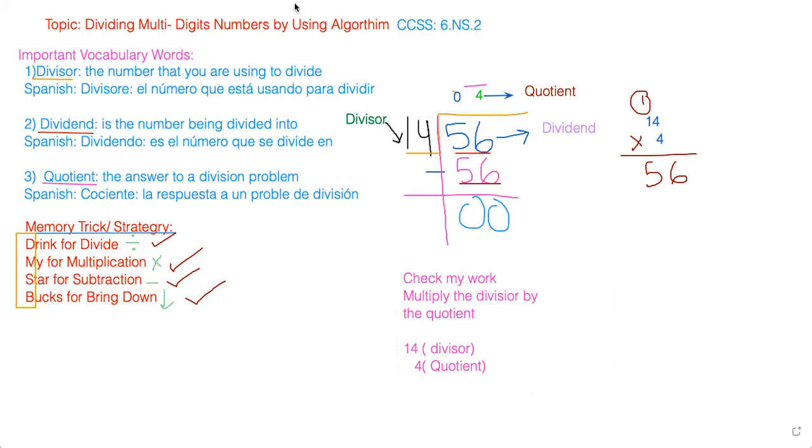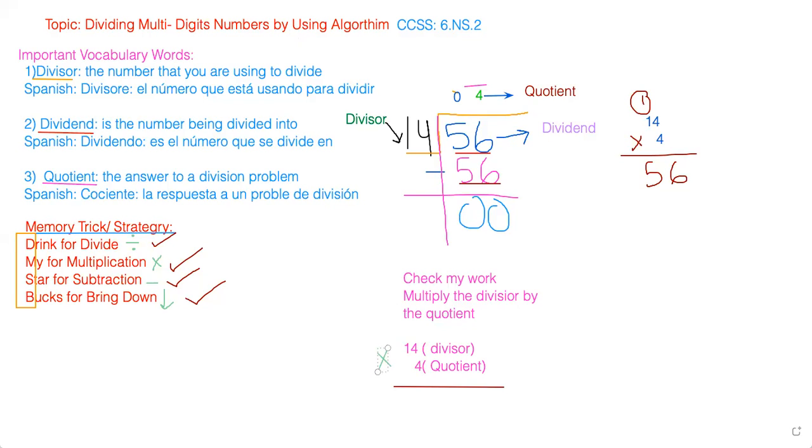So now when I multiply this, let's make a line here. When I multiply 14 times 4, folks, let's do it together. How much is 4 times 4? How many groups of 4 do I need? 4 groups of 4 is going to be equal to 16.